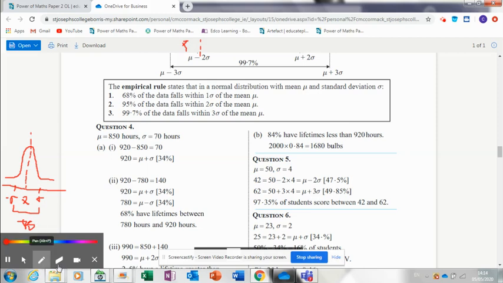Oh my God, it's so difficult to write this. So that's going to be your 850. And this here is 850 plus 70, so that's going to be your 920.